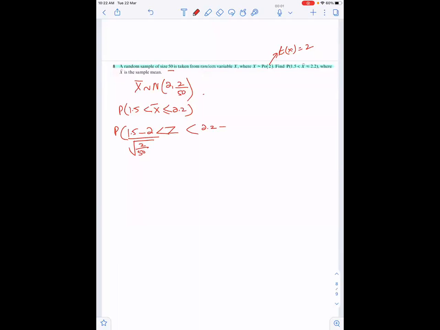But here we don't have to apply it. For example, if it is x greater than 2, you would take x greater than 2.5 minus the mean upon the standard deviation when you change it into z. Or if it is probability x is less than 2, you would take z less than 1.5 minus the mean upon the standard deviation.